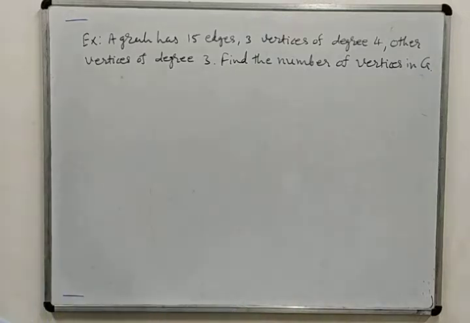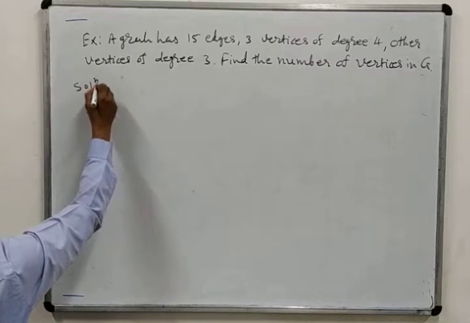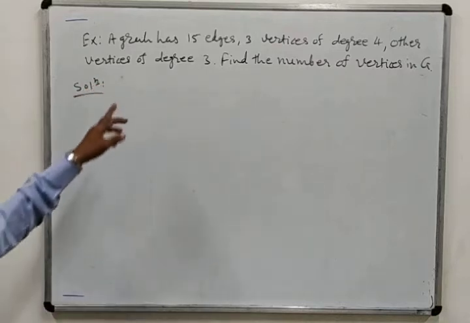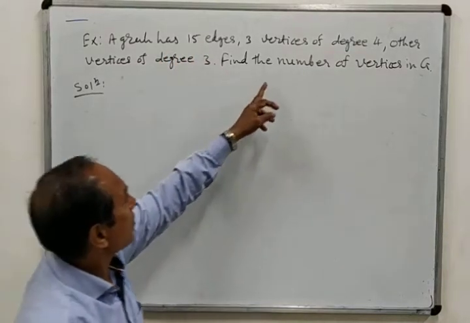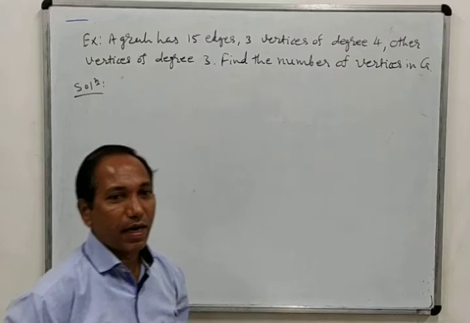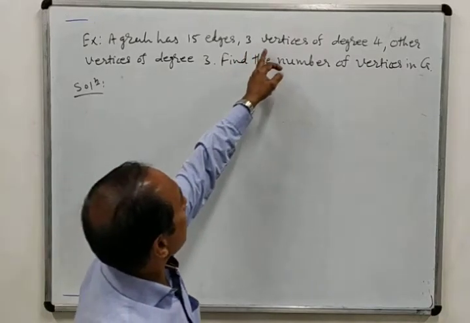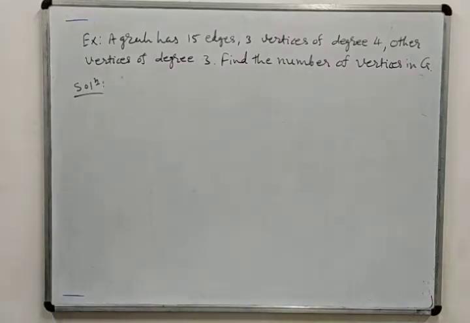So now see, the solution is very simple. Just read the question. It can be at the weightage of 3 to 4 marks. We are given that there are 15 edges and we want to find out the number of vertices in the graph G. With that we are given that 3 vertices are of degree 4, and the other vertices we don't know how many, because the actual number of vertices we don't know, and this is what we want to find.